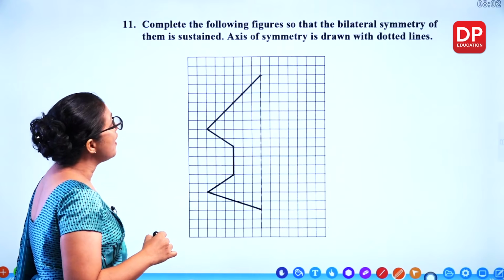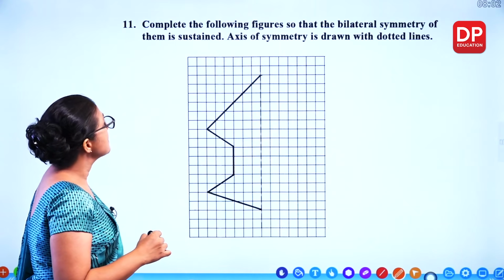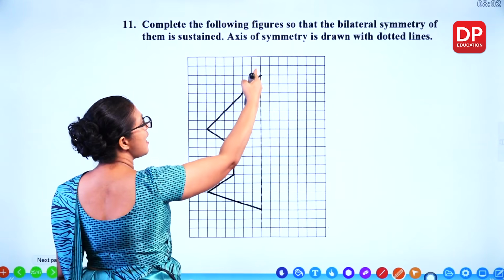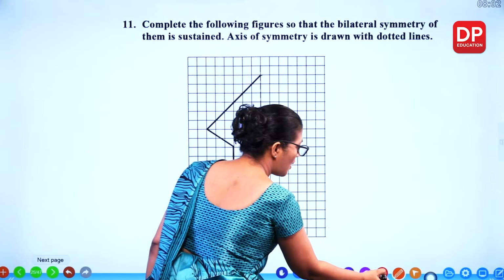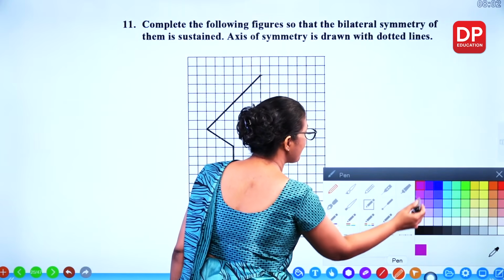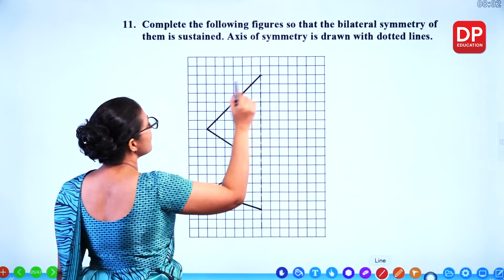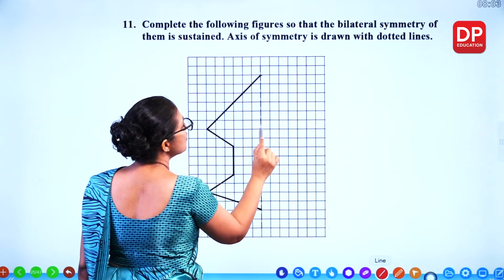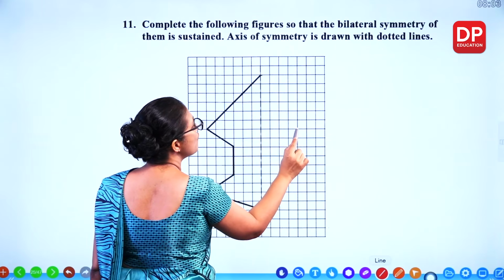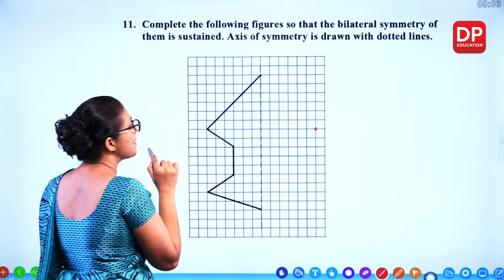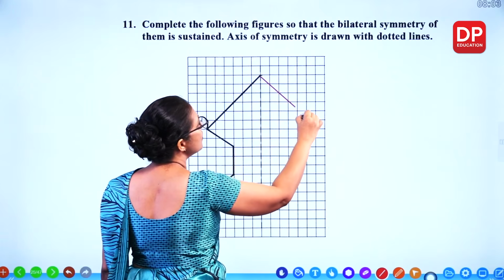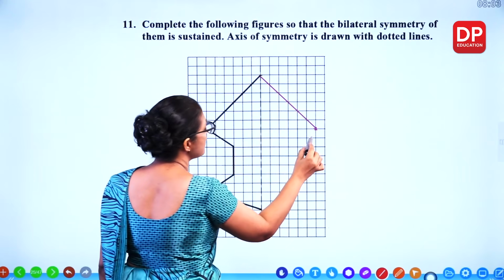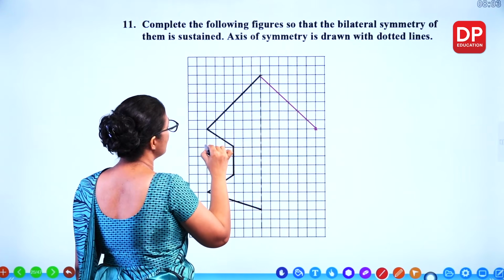Complete the following figure so that the bilateral symmetry of them is sustained. Axis of symmetry is drawn with dotted lines. So here, this is the axis of symmetry drawn. So we need to complete the other side. I'll take from here. So here, how many squares? 1, 2, 3, 4, 5, 6. So you have to count this way 6. So this point. So you can connect here to here. Then how many squares down? 3 squares, 2 squares here down.